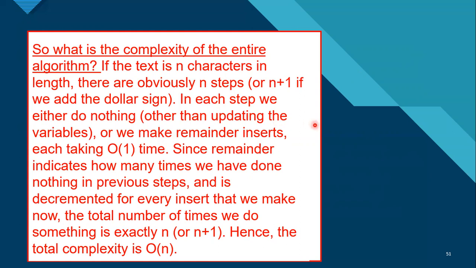And in any of these cases, we take constant time O(1). And since the remainder indicates how many times we have done nothing in previous steps, and this is decremented for every insert that we make, the total number of times we do something is exactly n or n+1. Hence, the total complexity is big O of n.